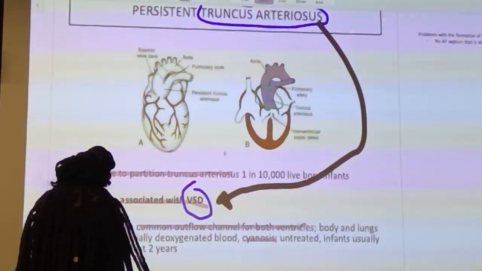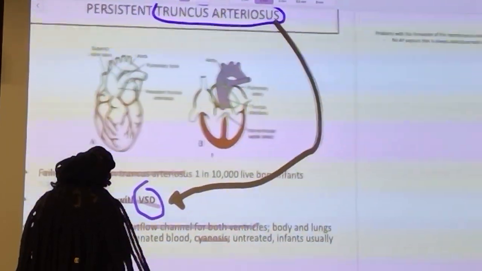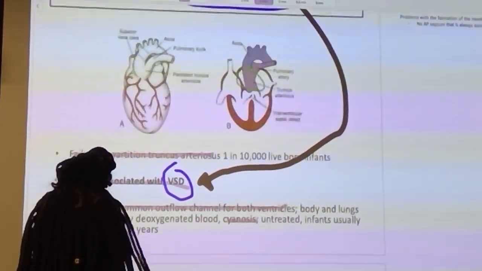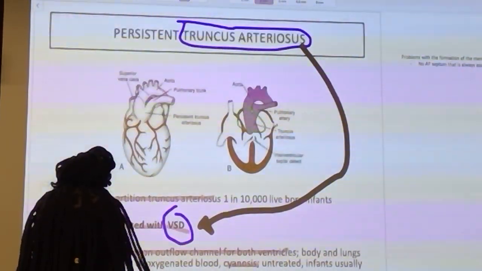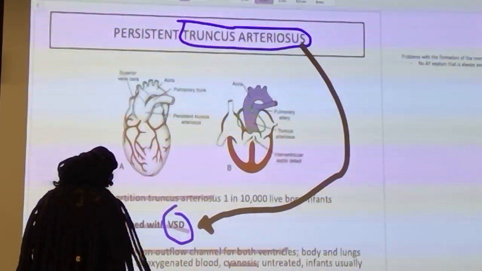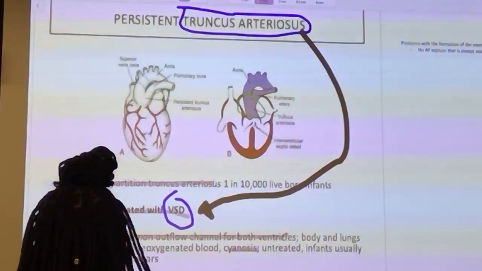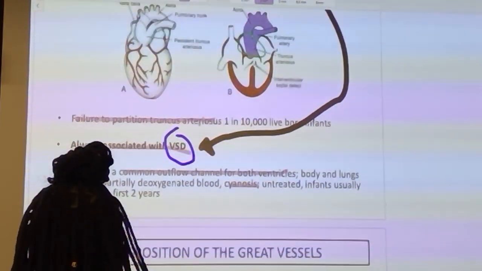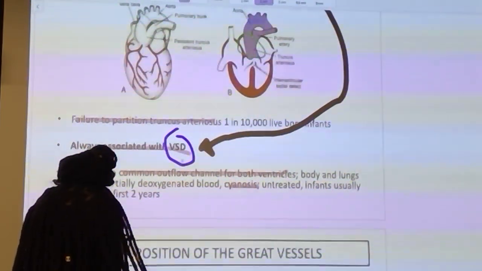Okay, a persistent truncus arteriosus. Just know that there is no aorticopulmonary septum, so you have one common outflow vessel. And just know that they always have a ventricular septal defect.